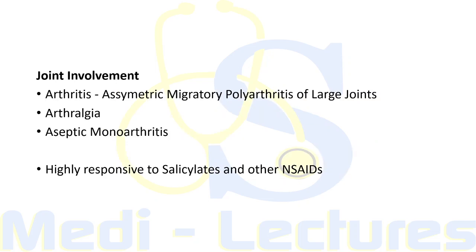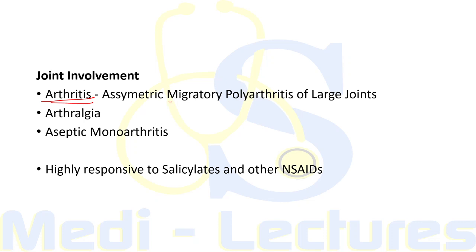Now when we consider the joint involvement in acute rheumatic fever, it is typically in the form of arthritis. So arthritis means objective evidence of inflammation, which will be hot, swollen, red and tender joints. So the arthritis in ARF is typically asymmetric migratory polyarthritis of large joints.